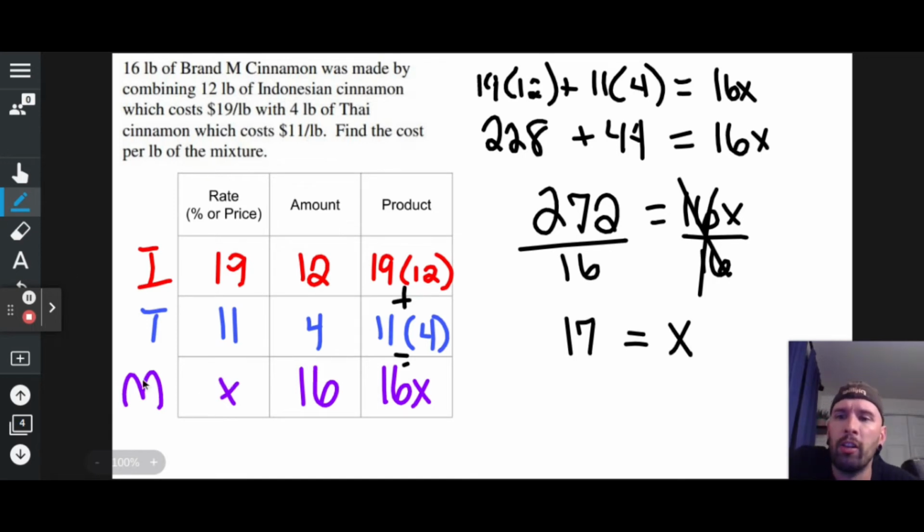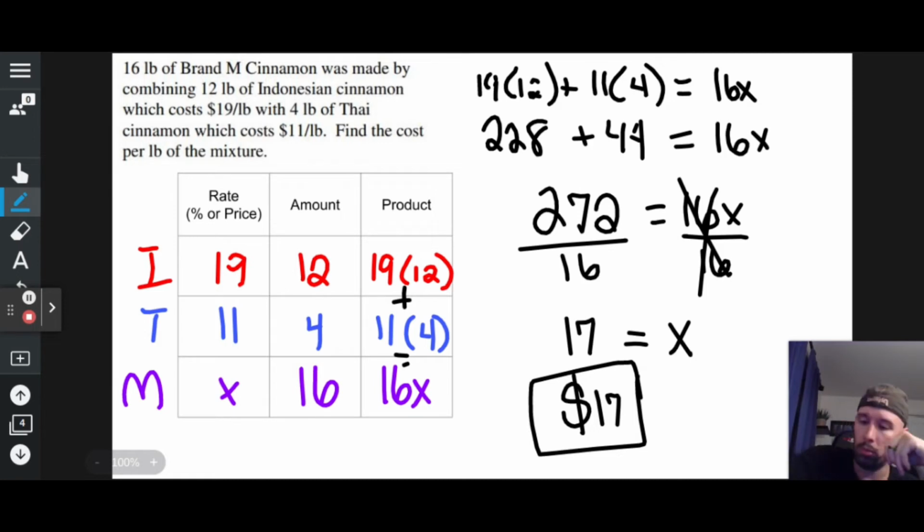The price of brand M. So $17. And that makes sense. Dollars and cents. Because I added a lot of the $19 stuff to a little of the $11 stuff, so it's going to be more on the pricey side, not near as expensive as the $19 stuff.